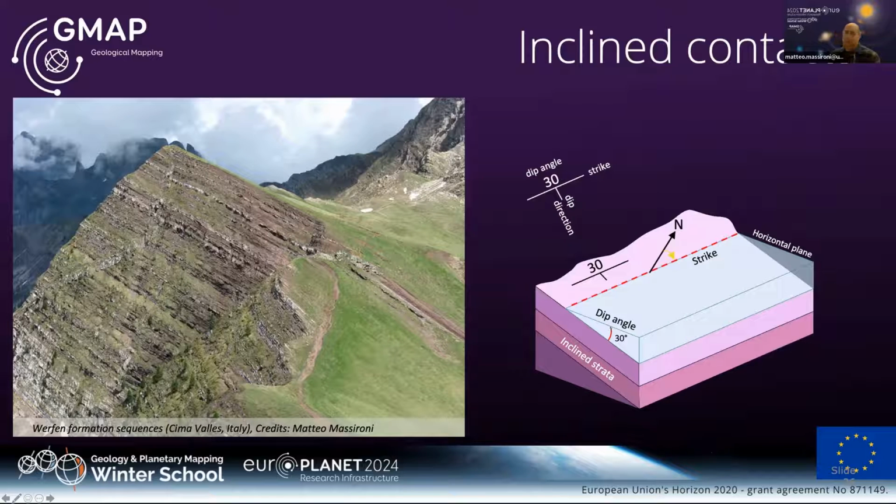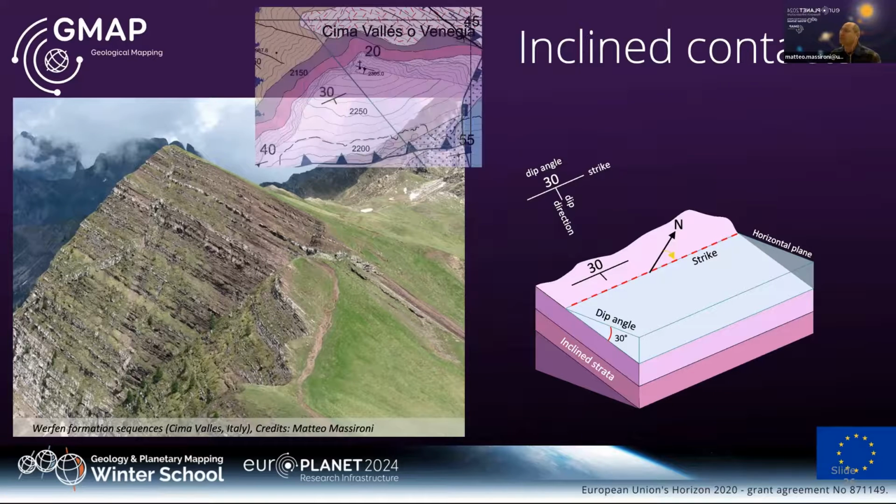So in this way, knowing these measurements, it is possible to create a geological map, or the other way around, we can understand the orientation of the strata and its inclination as a function of the intersections of the contact with respect to the topography.